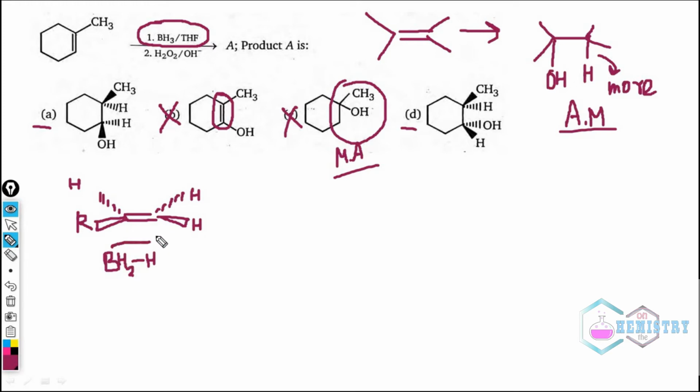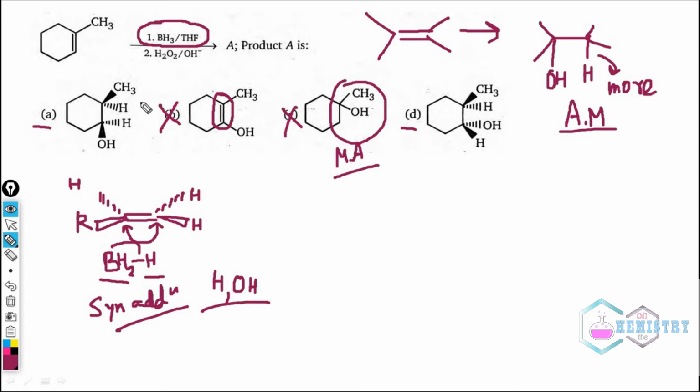The boron will attack this side and the hydrogen will add to this side, but the borohydride and the hydrogen both get added from the same side. That means a syn addition, and this is the stereochemistry of the reaction. That means the hydrogen and the hydroxy group will get added to the double bond from the same side.